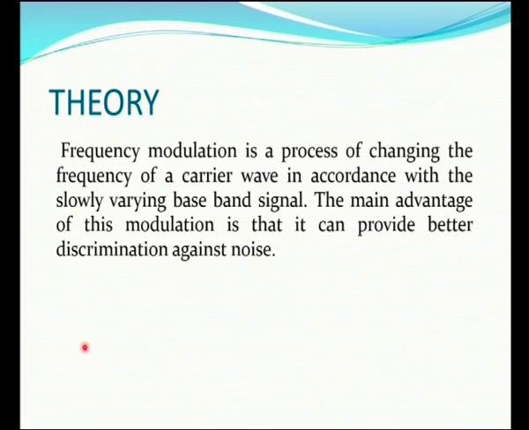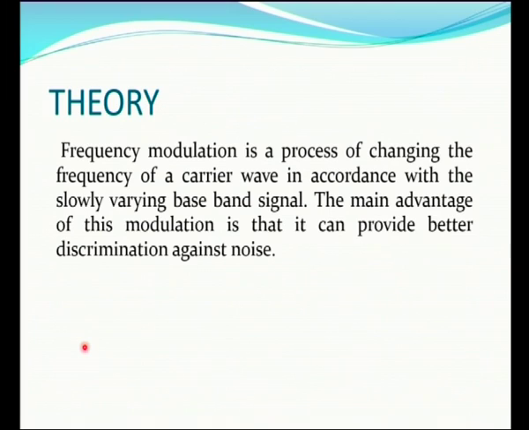The theory for frequency modulation. Frequency modulation is a process of changing the frequency of a carrier wave in accordance with the slowly varying baseband signal. The main advantage of this modulation is that it can provide better discrimination against noise.